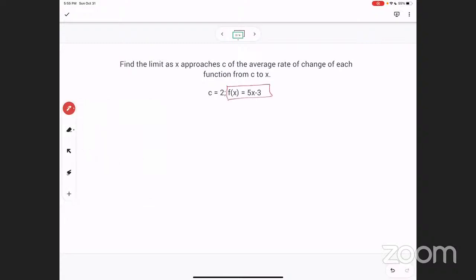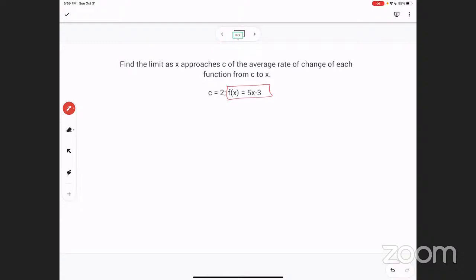Do you have the equation for the average rate of change? This is all that was given. Average rate of change. I believe there is a formula. The average rate of change of a function is your slope.